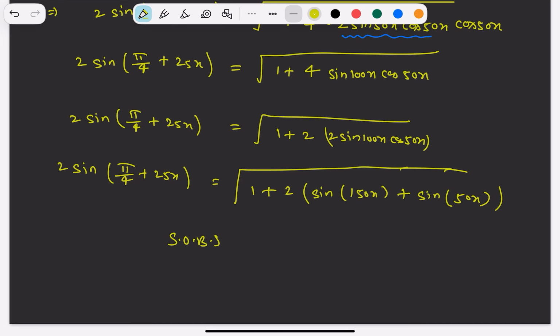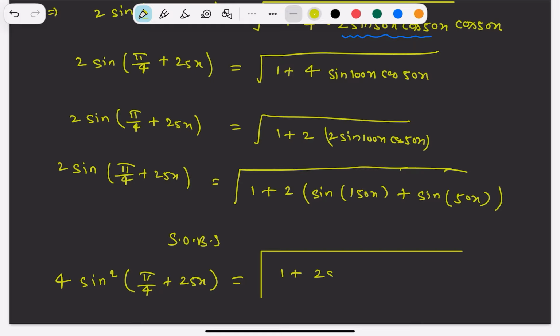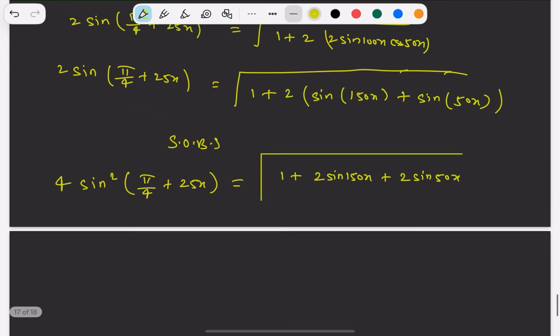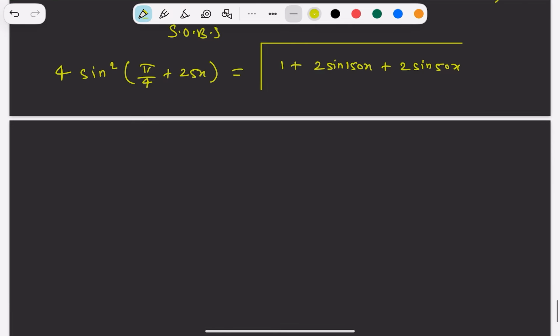Now what I am going to do here is square on both sides. So this will become 4 sin square of pi by 4 plus 25x equal to, how much are you going to get now? 1 plus 2 sin 150x plus 2 sin 50x, right or not.